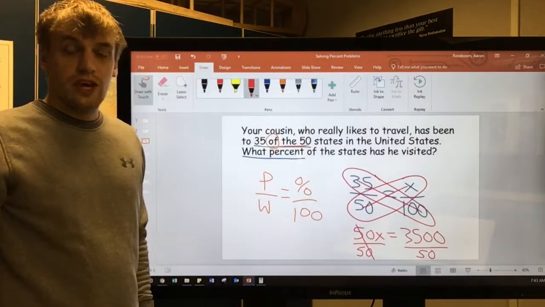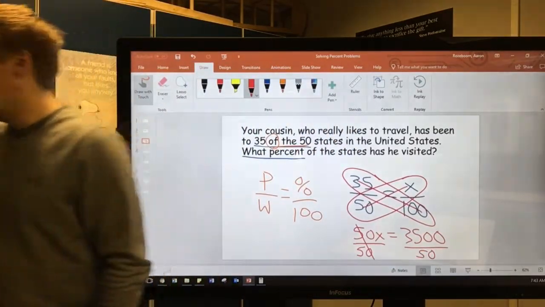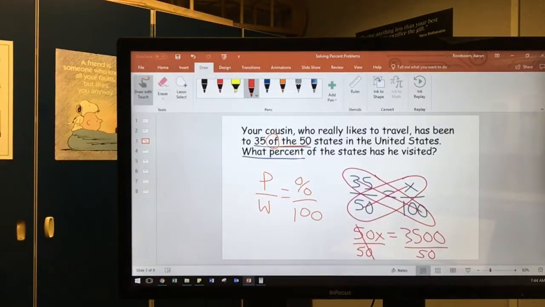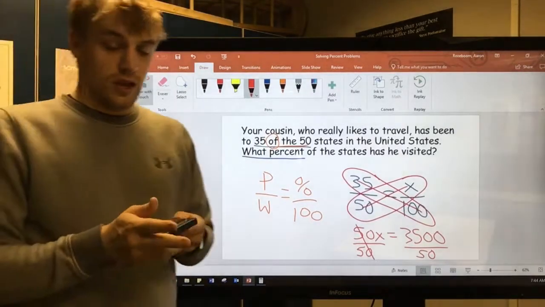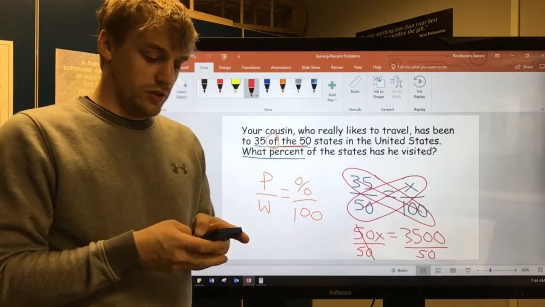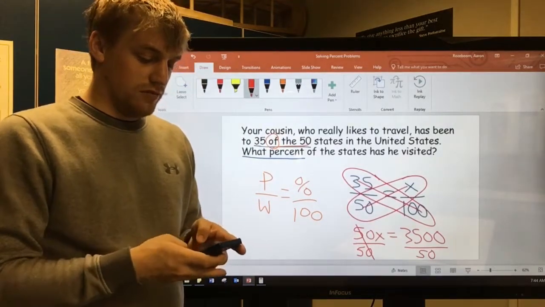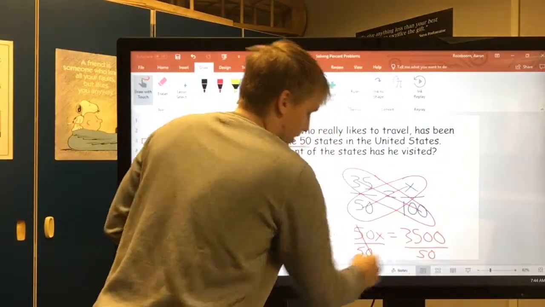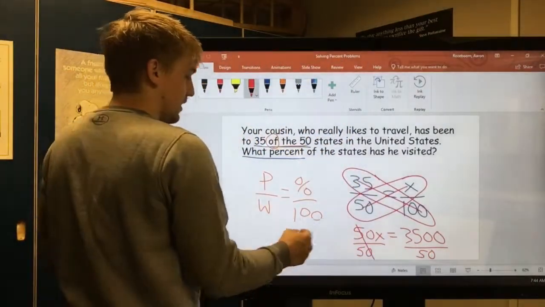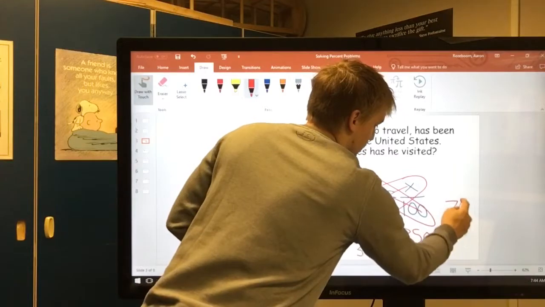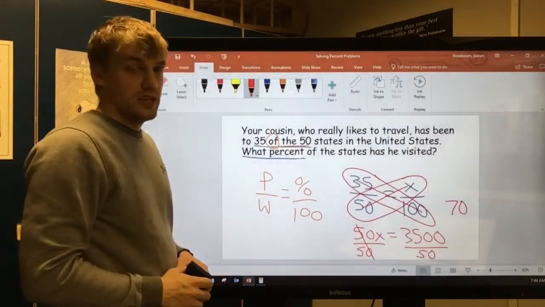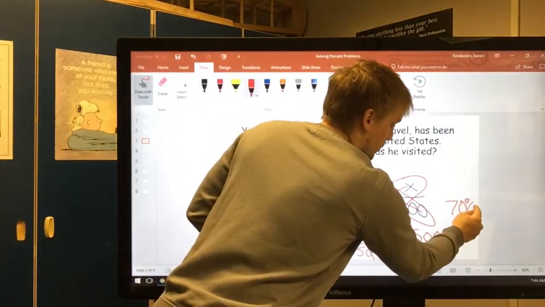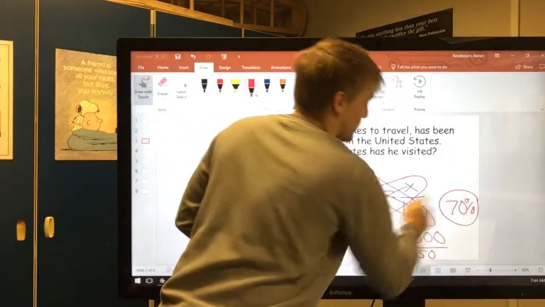And if you don't know that, you can use a calculator. I'm going to take 3,500 on my calculator, divided by 50, and I get 70. So this 3,500 divided by 50 is 70. And since we're looking for the percent, it's 70%. So my answer is 70%.